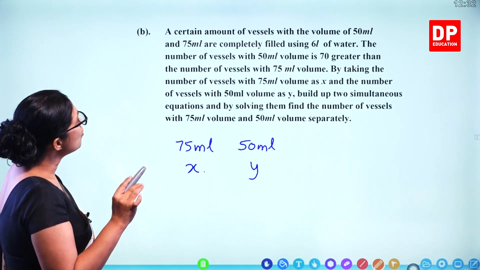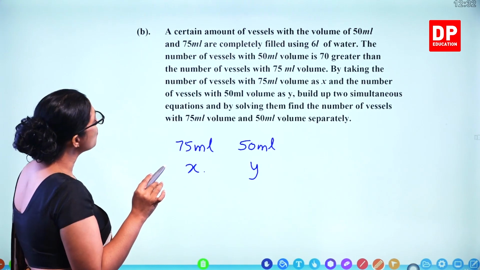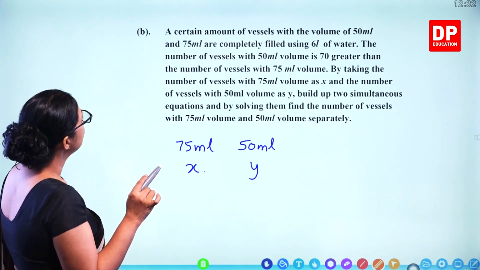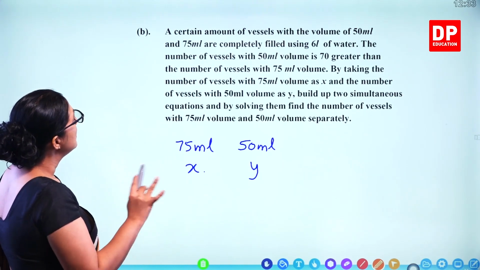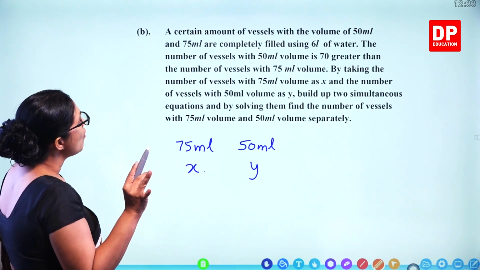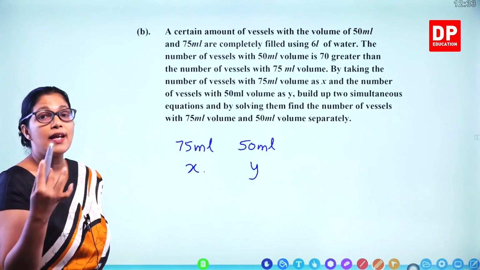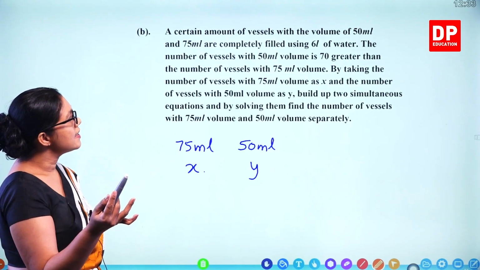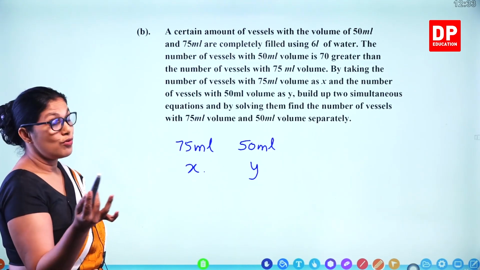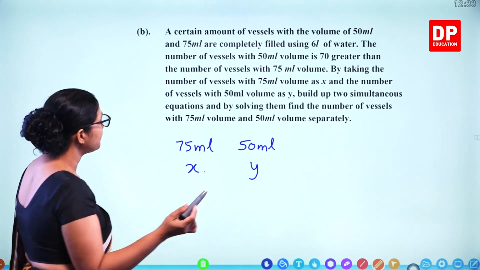So you have to write down two equations. What's the first one? It says the total is 6 liters of water. So milliliters and 6 liters. 6 liters we can convert to milliliters. How do you do that? Multiply by 1000.